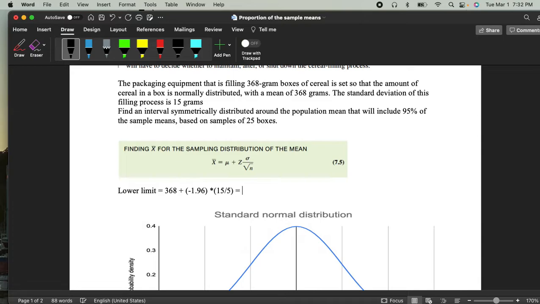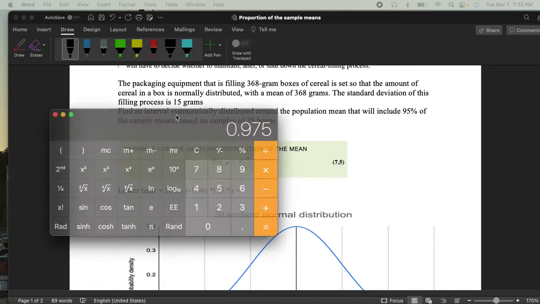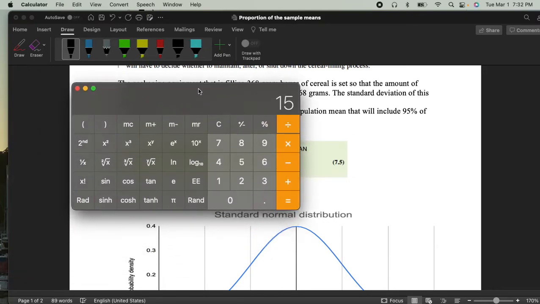Okay, so 15 divided by 5 times 1.96, and let's see here. All right, so here it is, 15 divided by 5 equals 3, right?